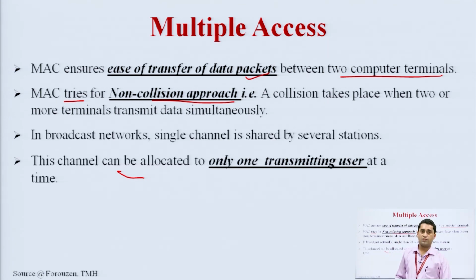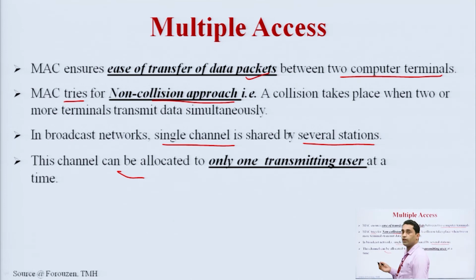If multiple students are there and only one faculty is there, it means I am broadcasting the content. In the case of broadcasting, only a single channel is used and several stations are receiving it. So in this case there is no concept of collision. Some of the students might be thinking that 60 students are present in the class, so how is there no collision?